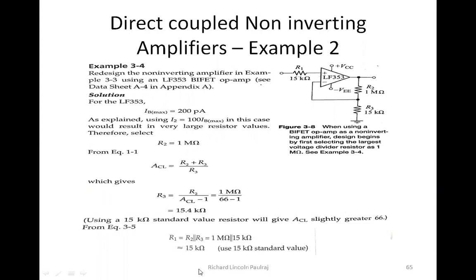So we are now taking a different non-inverting amplifier. We're using the same circuit, but instead of 741, we are going to use LF353. Of course, this data sheet is available, and based on that we will be calculating the problem.